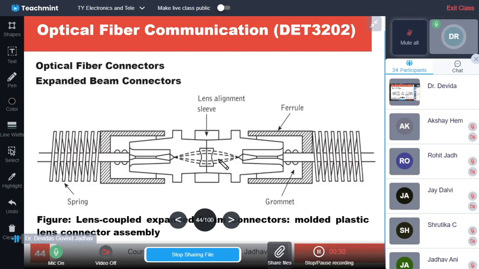And there is a ferrule for connection, there are springs and a grommet for making that connector firmly hold the fibers.